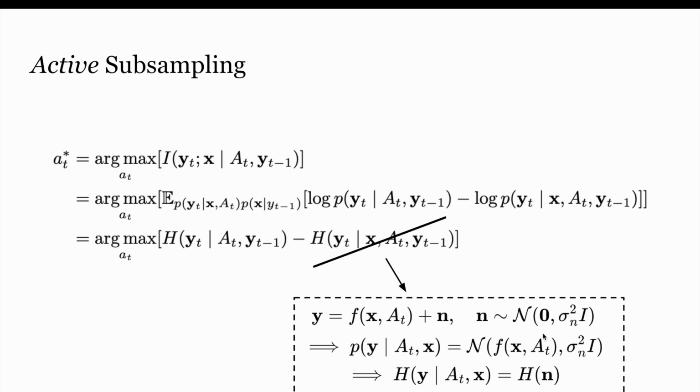So this would just be a normal distribution placed on the Fourier transform of that knee image with some Gaussian noise. And since it's a deterministic function mapping from the knee to its Fourier transform, the only entropy in this distribution is the entropy of the noise. So this ends up being totally independent of a_t, which is the variable that we're optimizing here. This term just becomes a constant that we can cancel out, and we're left with the first term, which is what we use as our objective.